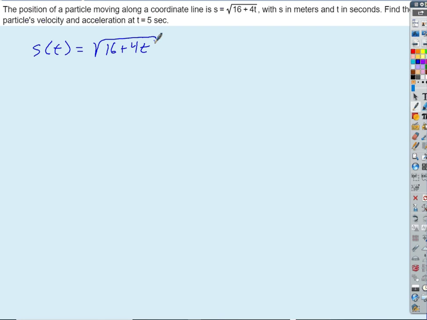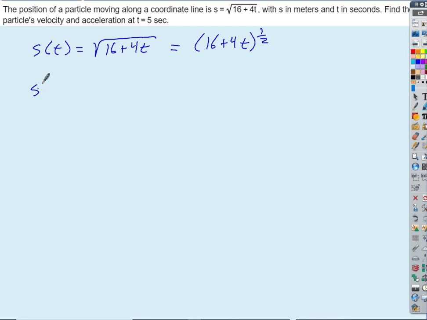Now when I'm using my chain rule, how am I going to rewrite that, at least in my head? You're going to put it to the negative 1/2. Okay, good. So we had 16 plus 4t to the 1/2.